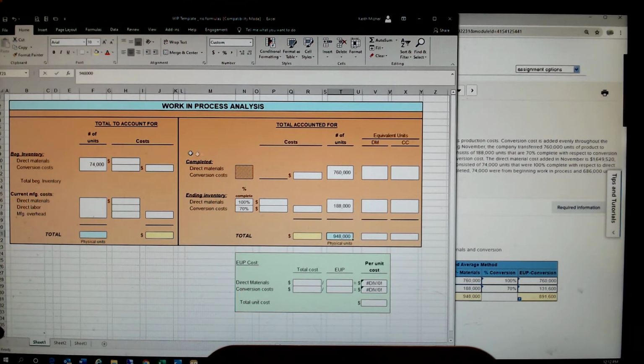Where did they come from? Well, on this side has to equal 948,000 as well. Of those 948,000, 74,000 came from beginning inventory. So how many did I actually begin? Looks like I actually began 874,000.